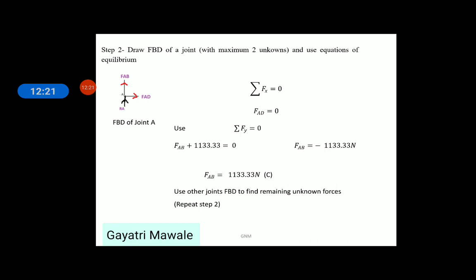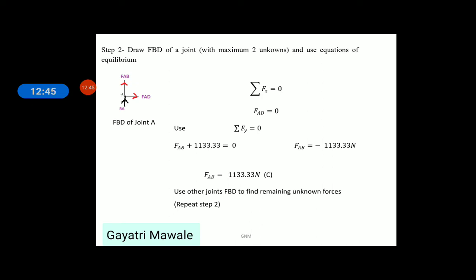For this FBD, when I write summation Fx equals 0, there is only one force in x direction and it must be 0 then. So I get FAD is a zero force member. For the same FBD, when I write summation Fy equals 0, we get FAB plus RA equals 0.